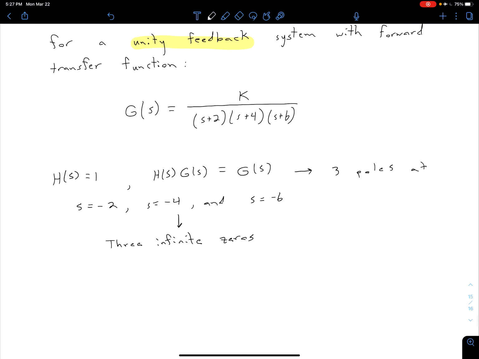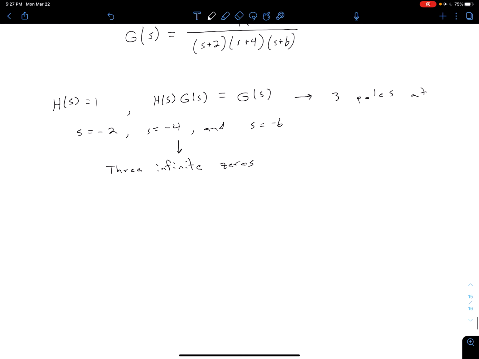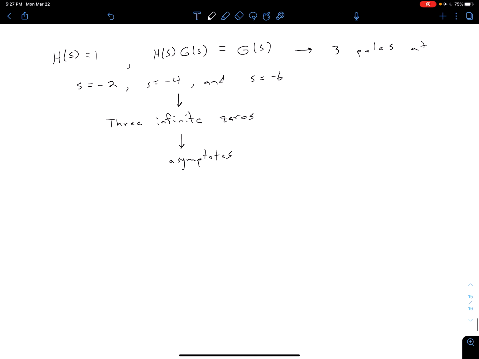Because we know we have infinite zeros, we're going to need our asymptotes, so let's calculate those even before we begin sketching out our root locus. We need 2 pieces of information. The first is our real axis intercept, sigma sub a. We're going to have a fraction here.